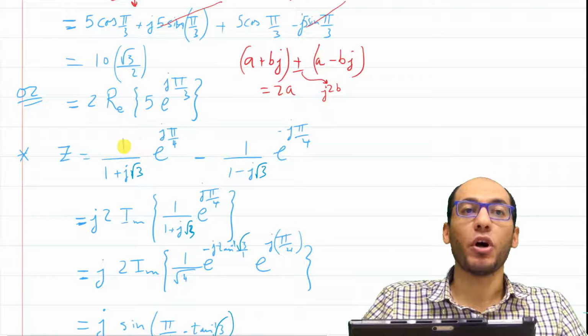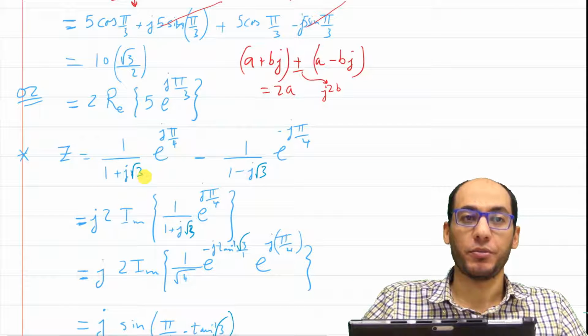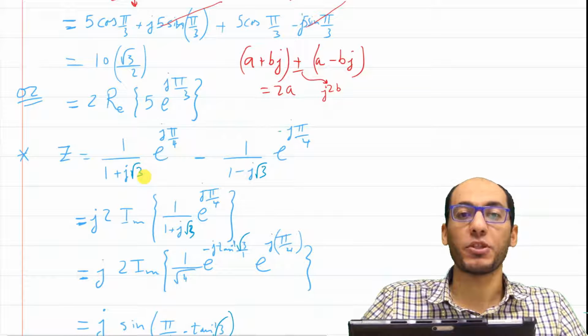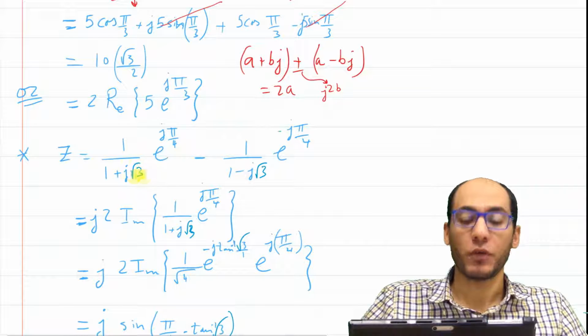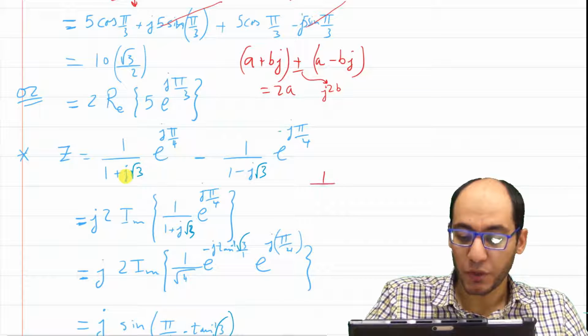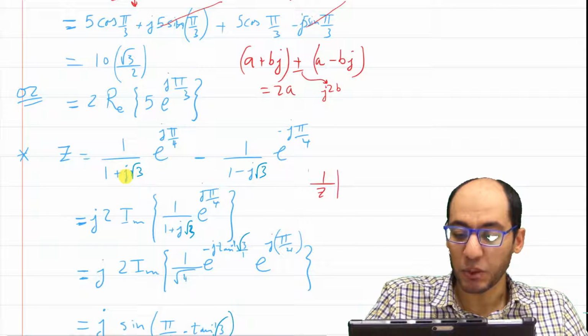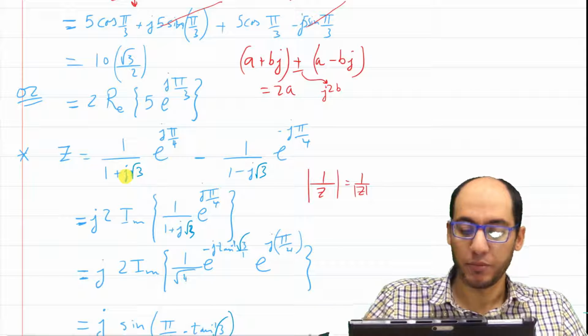Well, the amplitude of that number is 1 over the amplitude of the denominator. That's a property of complex numbers. If you have 1 over z and you want to calculate the amplitude, then it's equal to 1 over the amplitude of z.